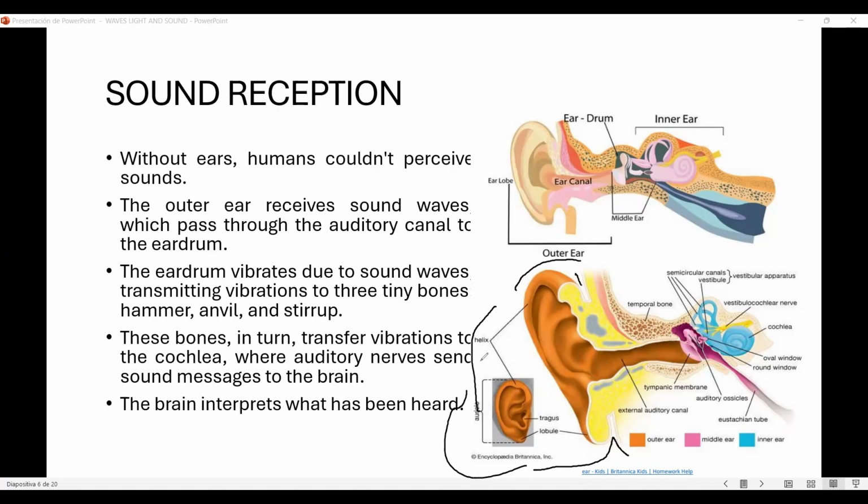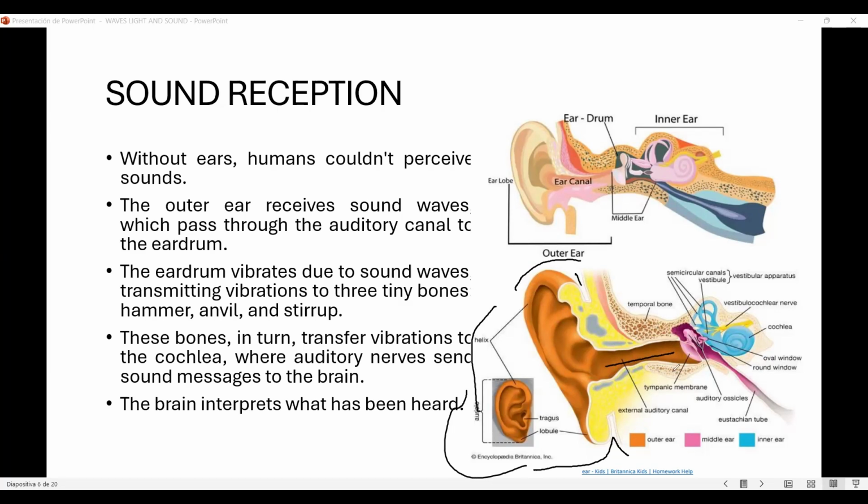And this visible part will collect sound waves from the environment and lead them to the ear canal. That is this one, right? This is also known as the auditory canal, right?